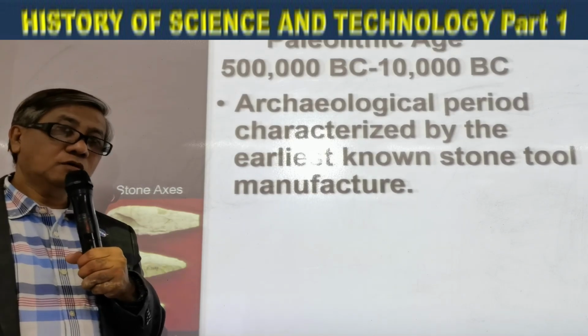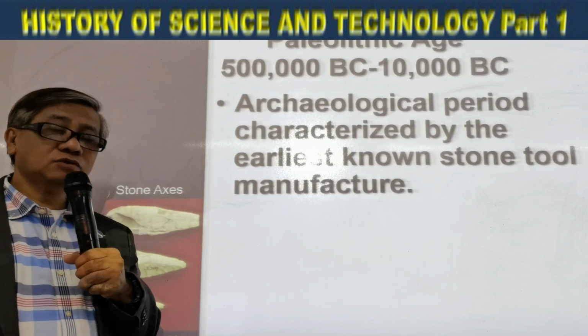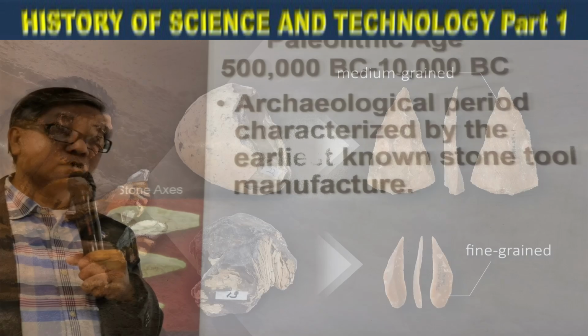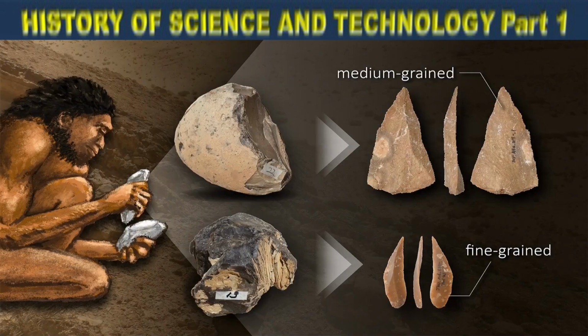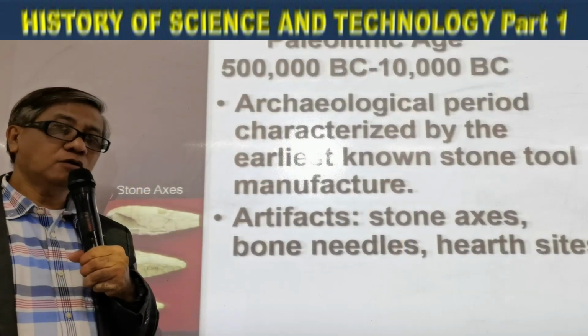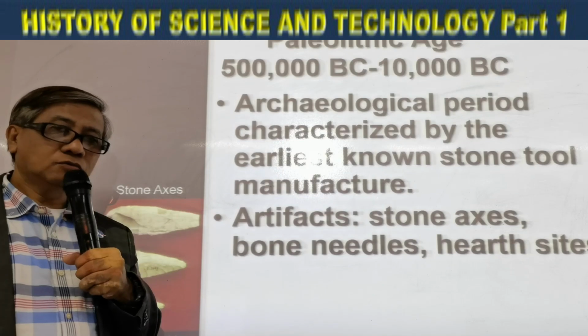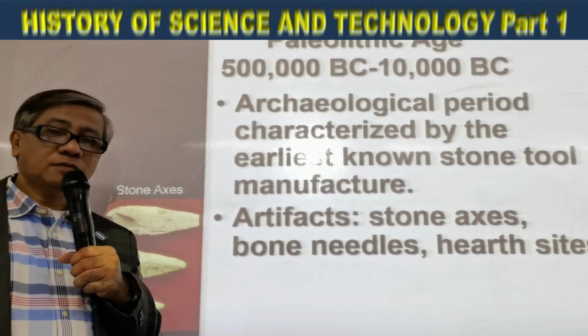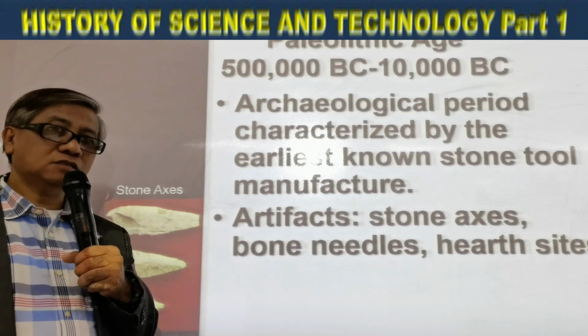So our prehistoric ancestors during the Old Stone Age were the first to carve stones and use them as tools. And these are some of the artifacts during the Paleolithic Age: stone axes, bone needles, and hearth sites.